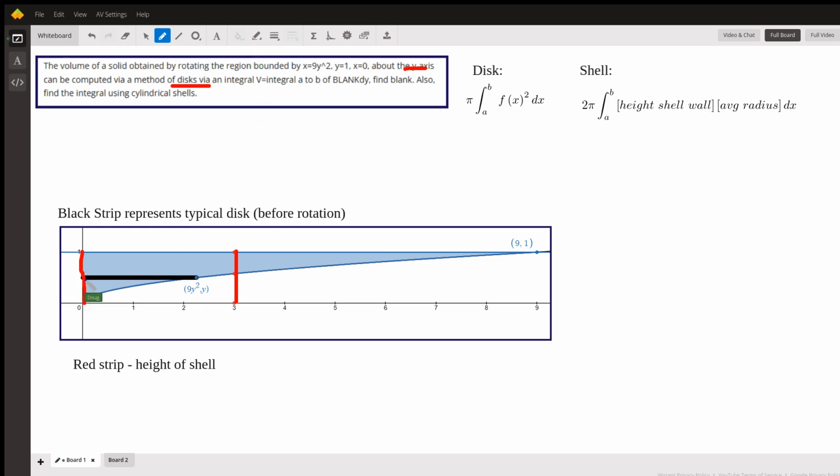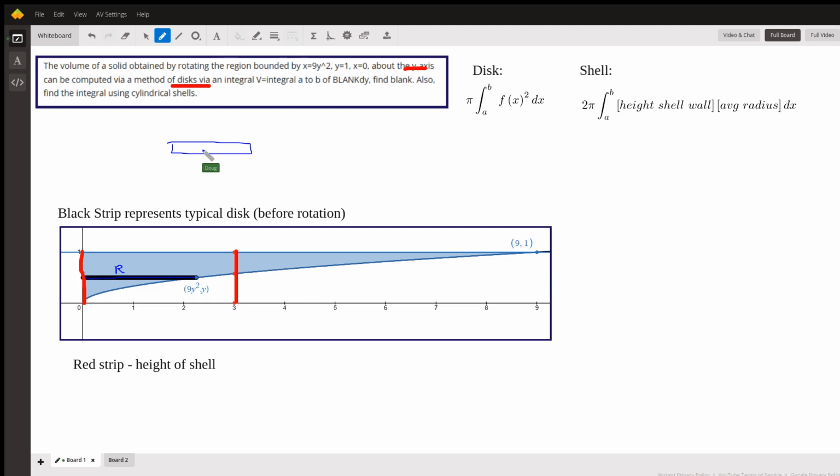So this black strip represents a typical disk that is going to be revolved around the y-axis. So this is actually the radius of that disk. If you have a disk, think of a coin.